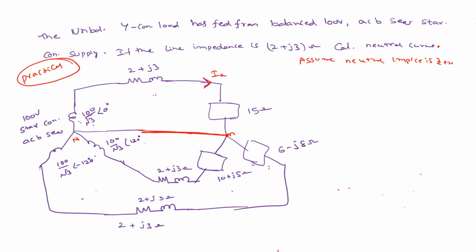Simple, again loop analysis. IA is 100 by root 3 at an angle of 0 degrees divided by 2 plus J3 plus 15 ohm, that is 17 plus J3 ohm. Understood? So tell me what is IB?